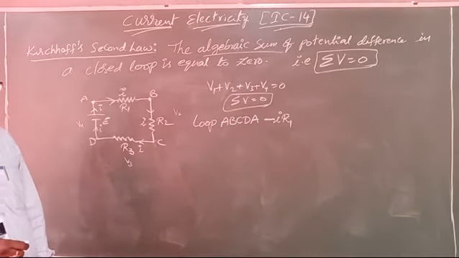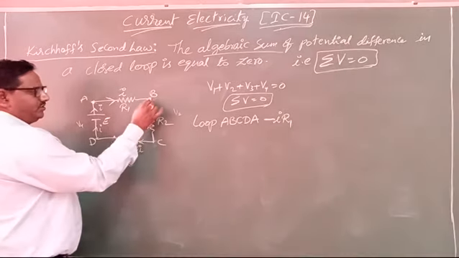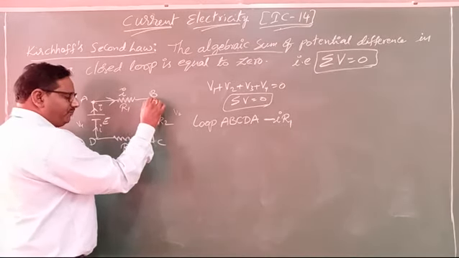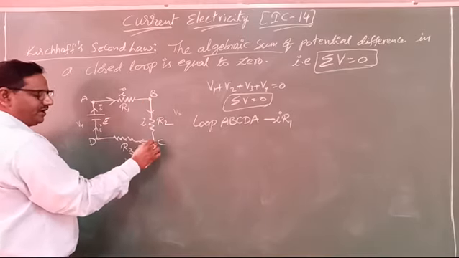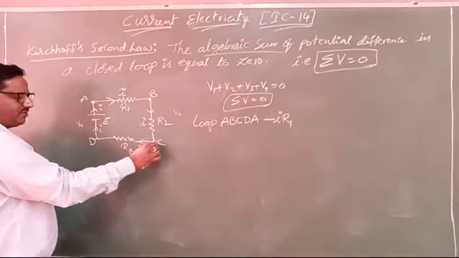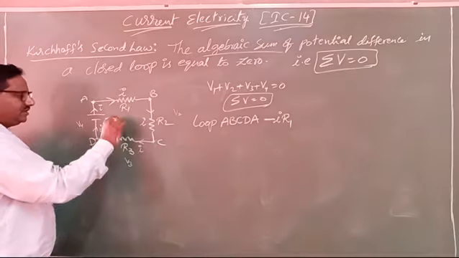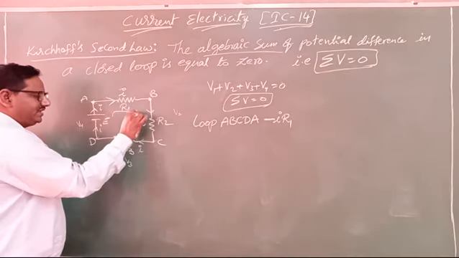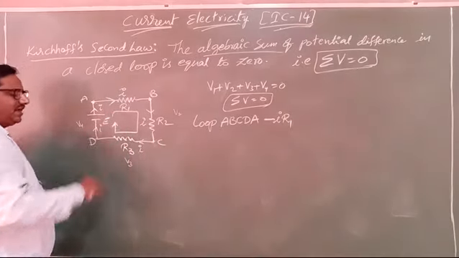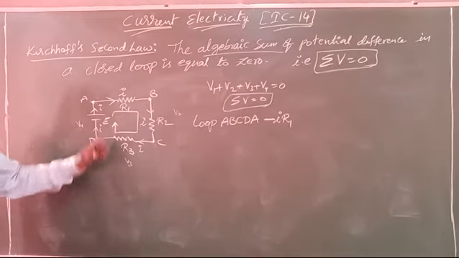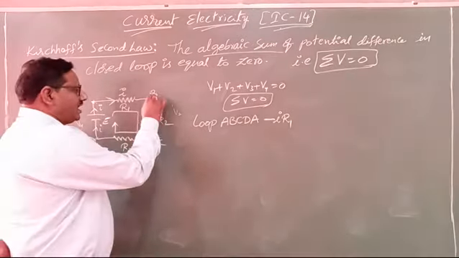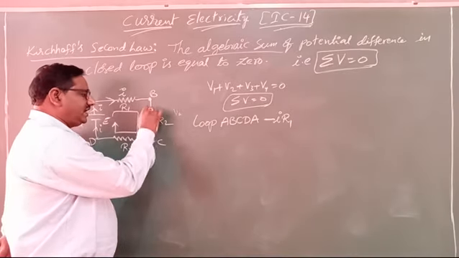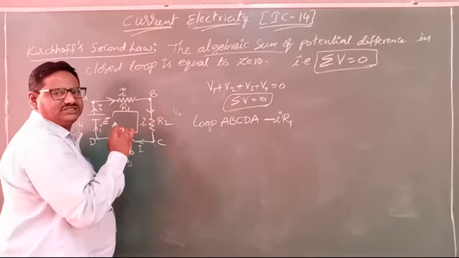Next, the current will move from B to C. And you are also considered to move from B to C. That means the direction will be like this. This is the direction I drew here. Now we also move from B to C and the current also moves along BC.